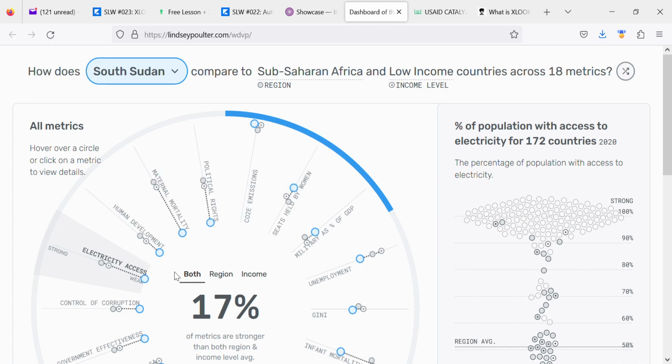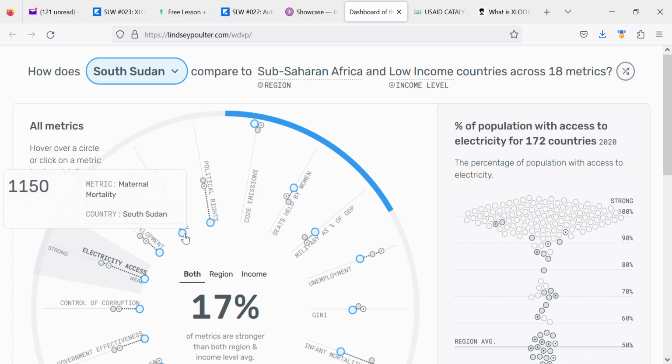And priority areas for South Sudan is political right, which is -3, and maternal mortality should be one of the priority areas.